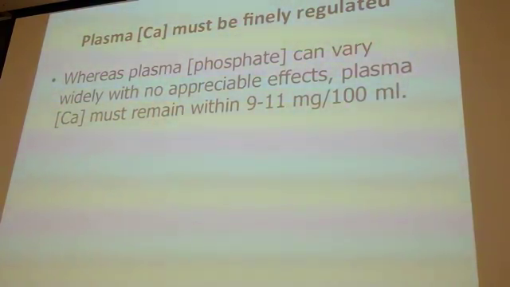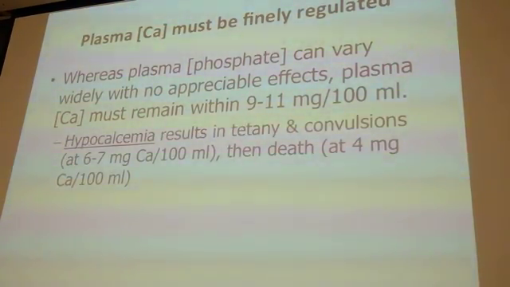Right? And so under conditions of low calcium, hypocalcemia, this can result in muscle spasms, tetany, and convulsions. So this would be at around 6 to 7 mg of calcium per 100 mils. And then even death, if you go lower than this, around 4 mg of calcium per 100 mils.